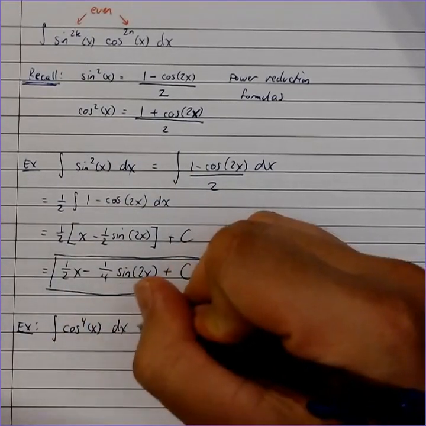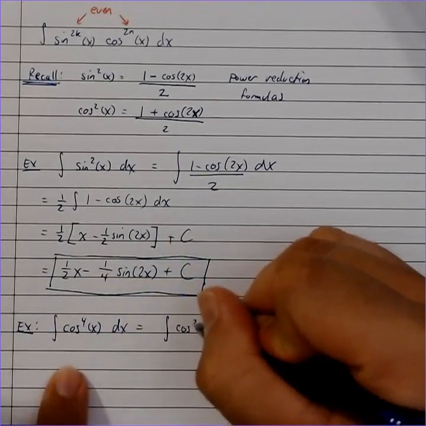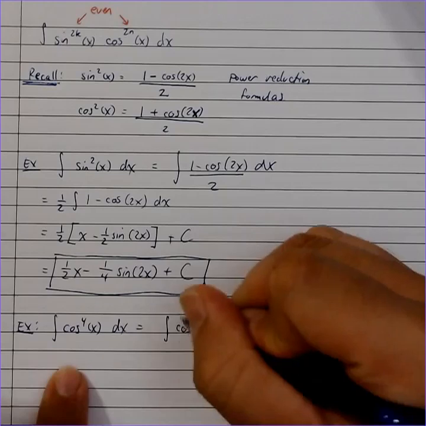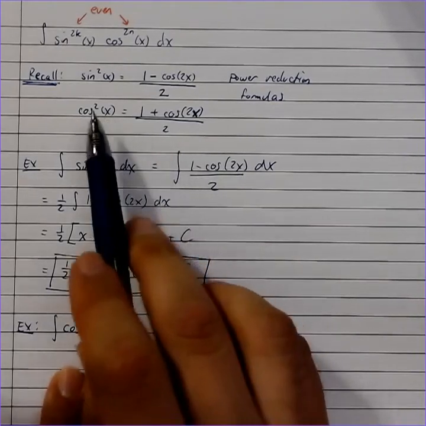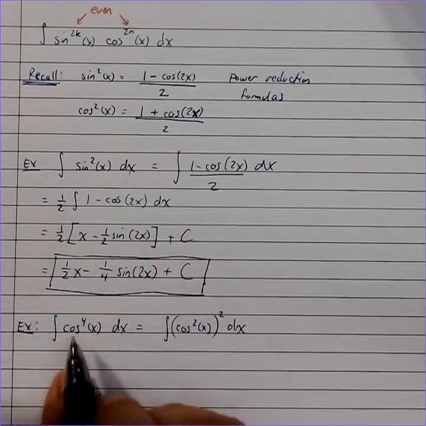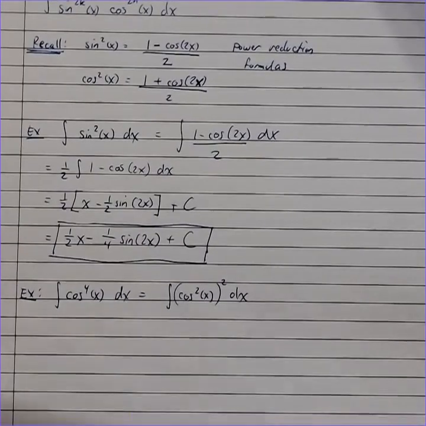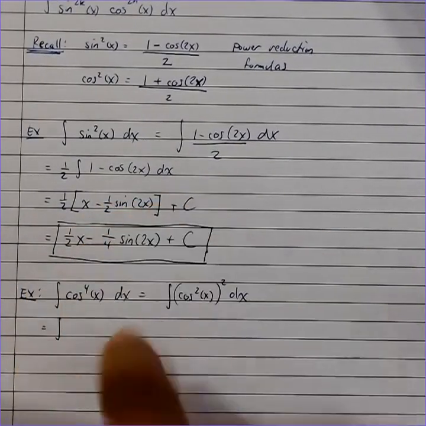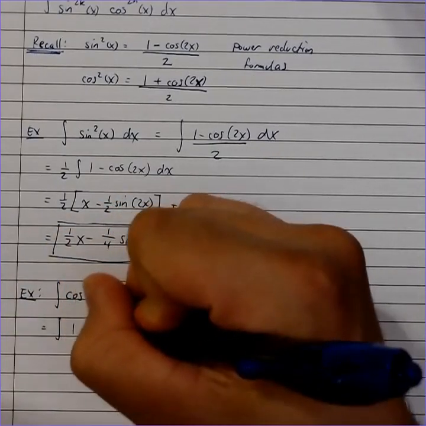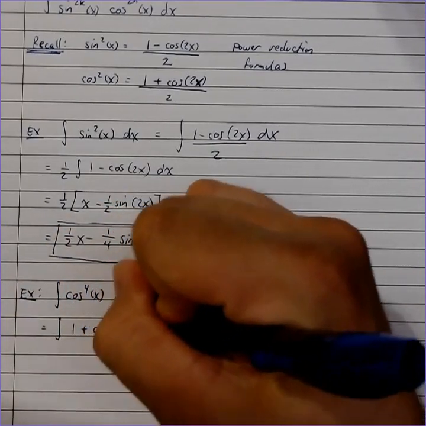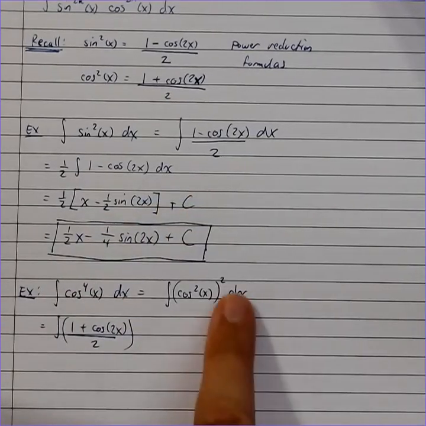So here, let me write this as the integral of cosine squared of x, squared, dx. After all, the power reduction formula works on the square of either sine or cosine. Here, that's a 4th power. We're going to write that as a square being squared. So now, by the power reduction formula, this cosine squared of x is 1 plus the cosine of 2x over 2. But now that whole thing is being squared.